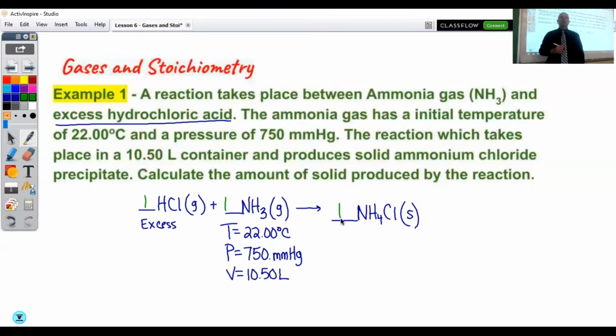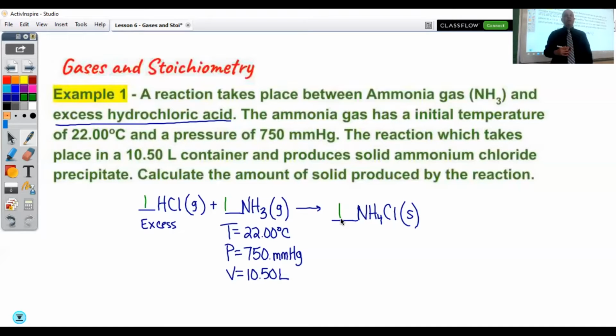Okay, since we are provided with our initial information in the form of pressure, volume, and temperature, in order to calculate the grams of ammonium chloride that we formed, we're first going to have to identify the moles of ammonia that we start with. So to do this, we're going to use the ideal gas law, PV equals nRT.